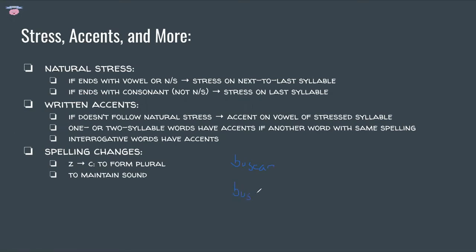It's supposed to be like this. But instead, it's like this. It has a QU instead of a C. Busque. This is because when a C is before an E, it sounds as busse. The C sounds like an S. So that's why it needs to change to QU to maintain the sound.